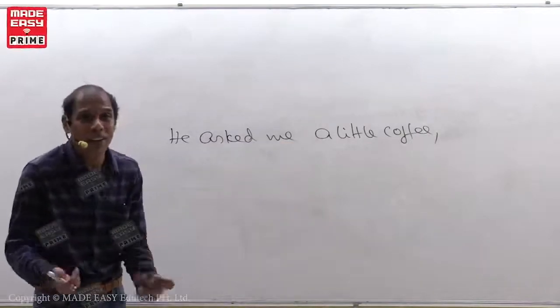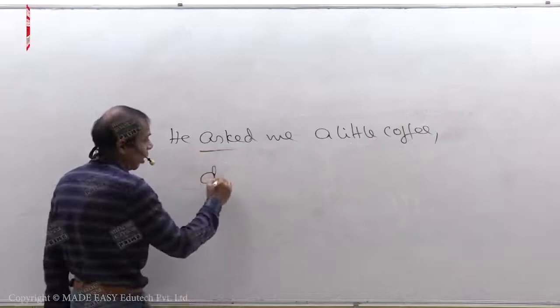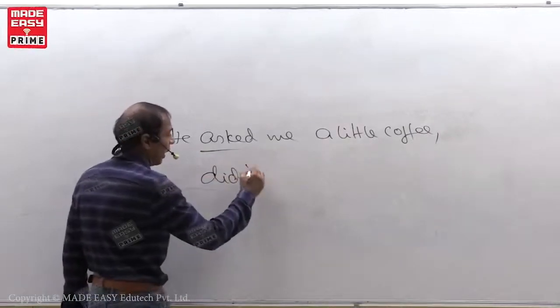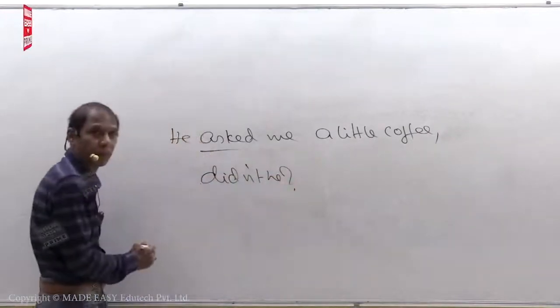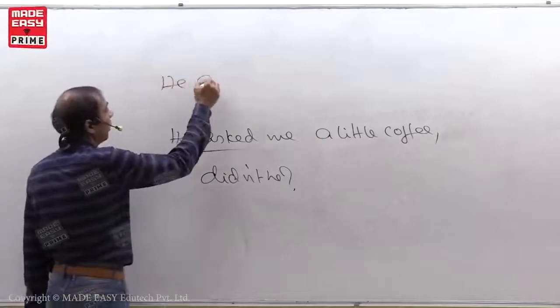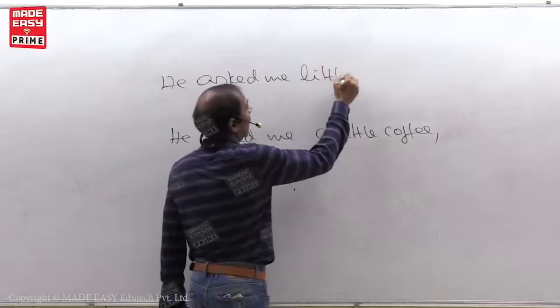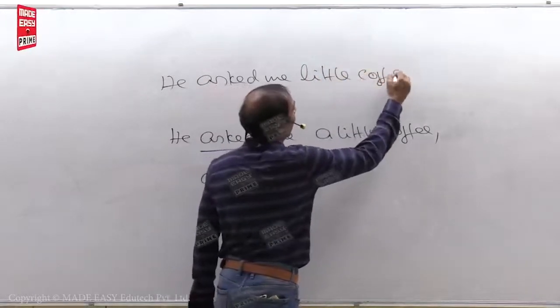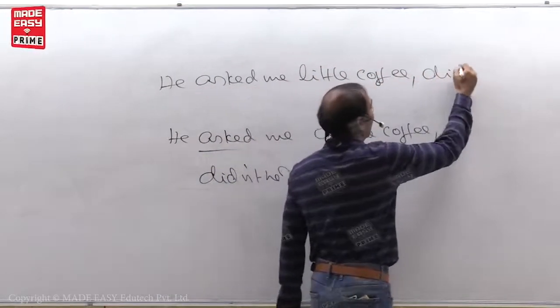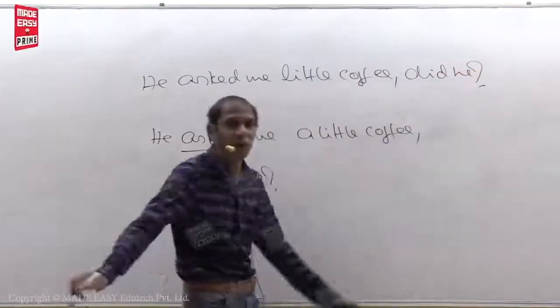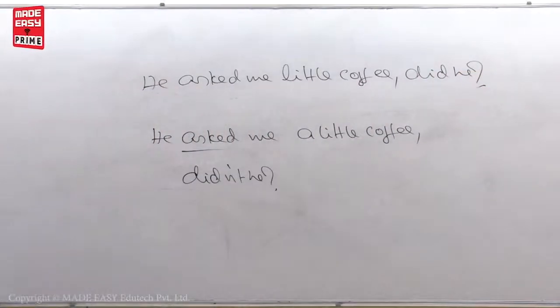Question tag must be negative. Asked is past tense, so I have to borrow did: didn't he? For example, he asked me little coffee. Did he? Little is negative. Question tag must be positive. That's all.